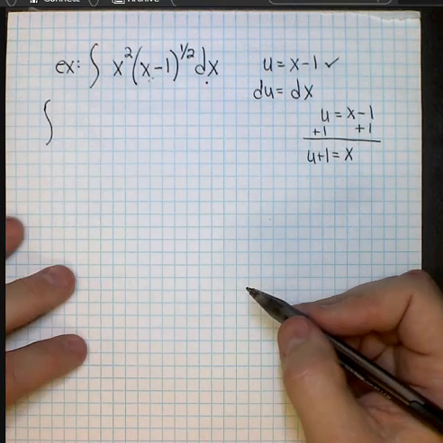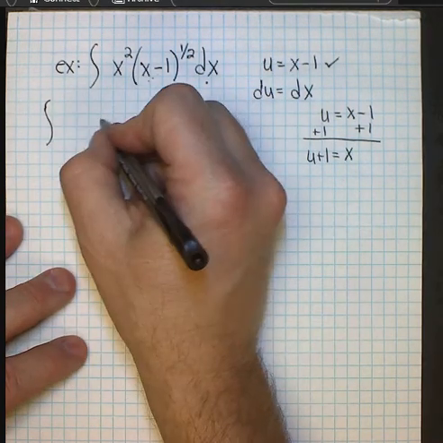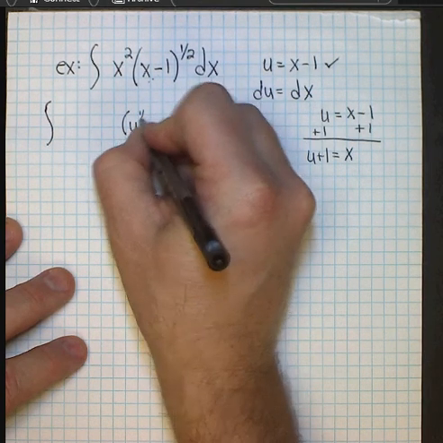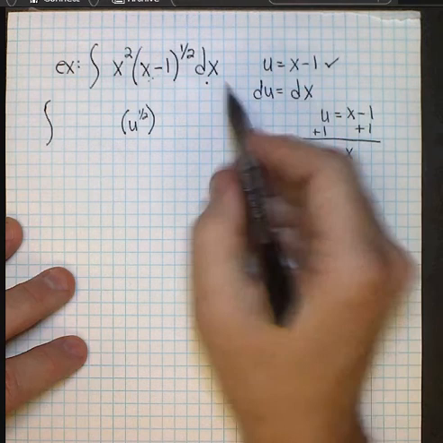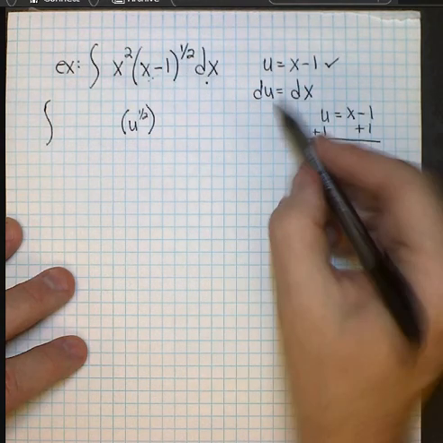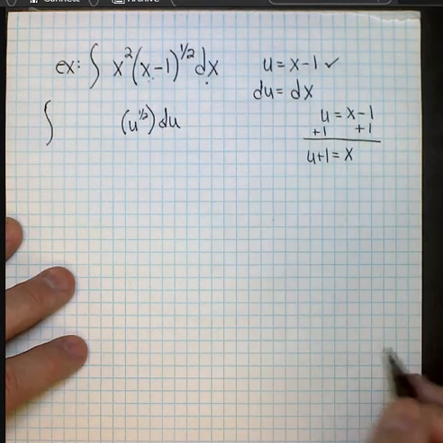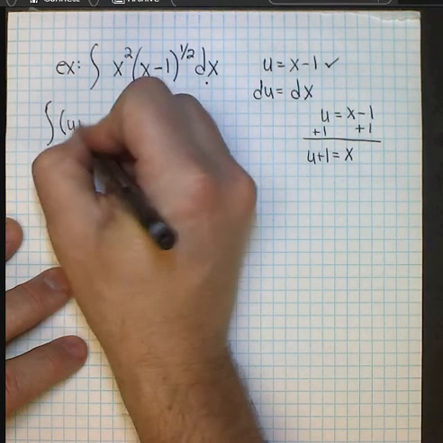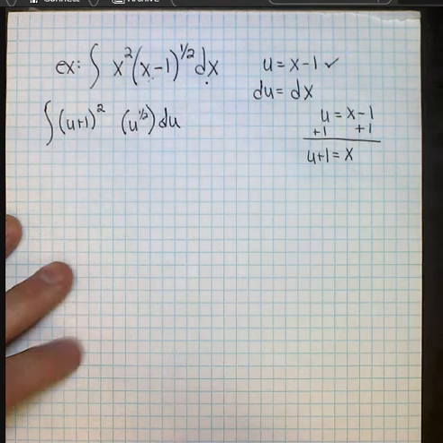So I rewrite the integral, and I'm going to get the u to the 1/2 piece. Okay, u to the 1/2. Then dx is du. All right, and then x, which is u plus 1, becomes u plus 1 squared.